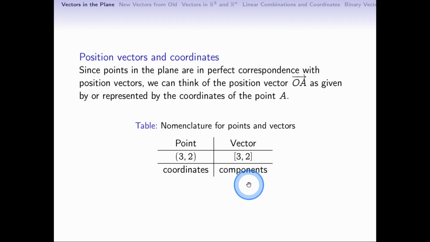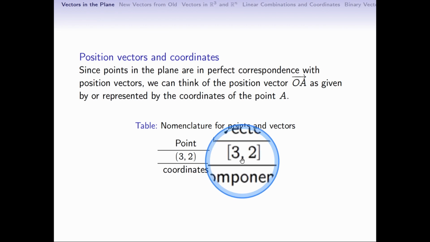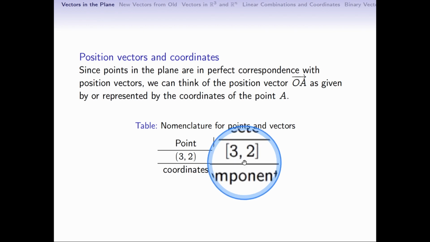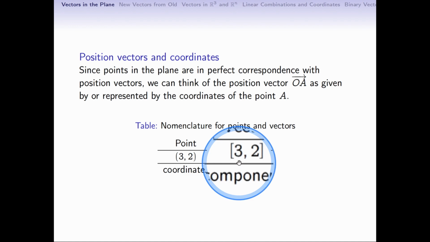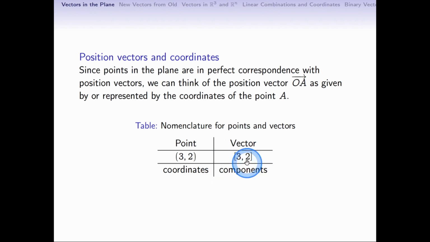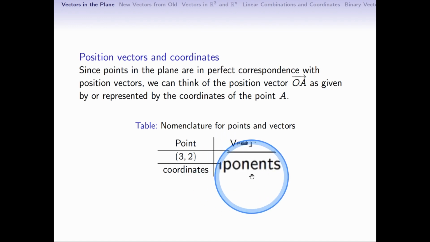When we're talking about the position vector that starts at the origin and terminates at (3, 2), we're going to use squared off brackets. The squared off brackets will remind us that this is the position vector that terminates at the point (3, 2). And rather than call the 3 and the 2 the coordinates, we're going to call those the components of the vector.